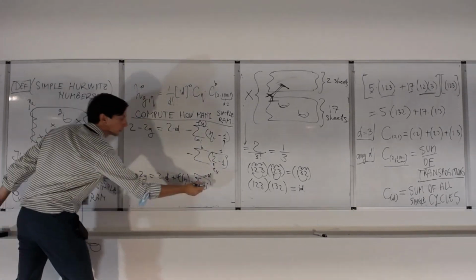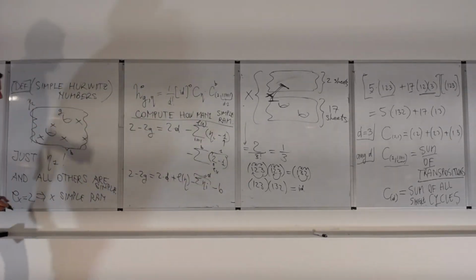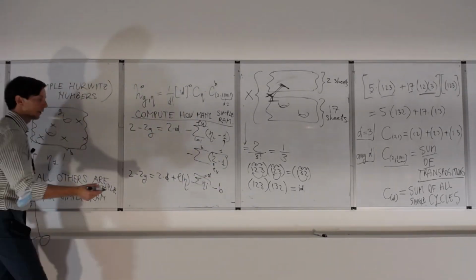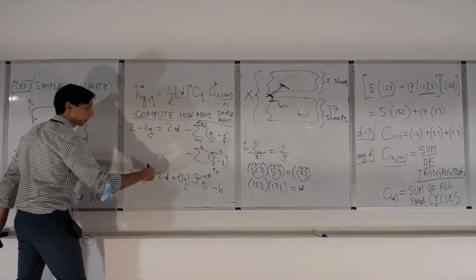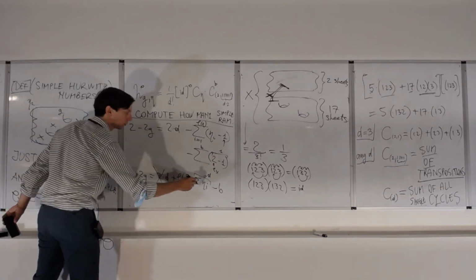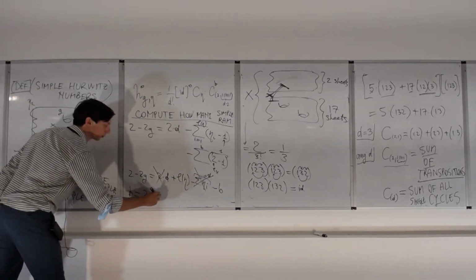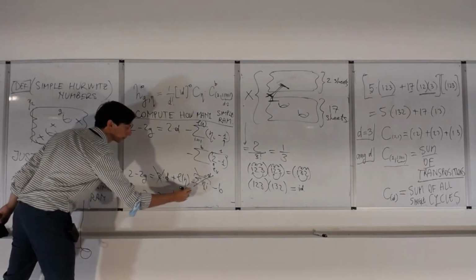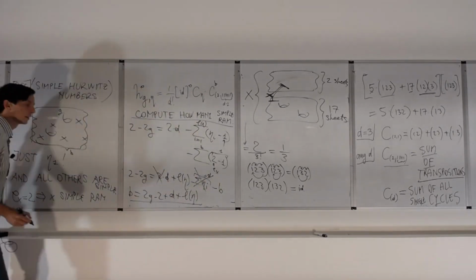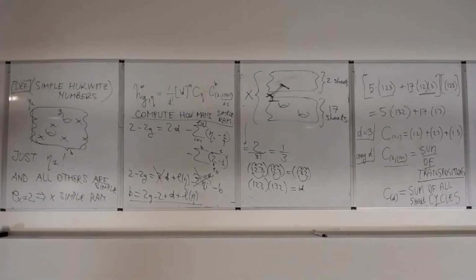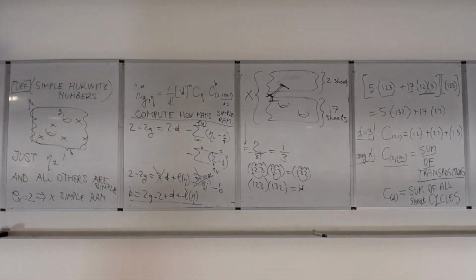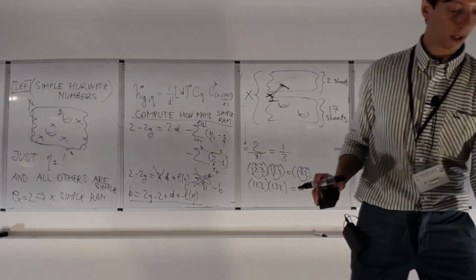So it would be minus b. So now you have minus d and d, they go away together. So you can cross the 2 and that. And so now b is equal to 2g minus 2 plus the degree plus the length of eta. And that's it. I think this is a good time to stop.